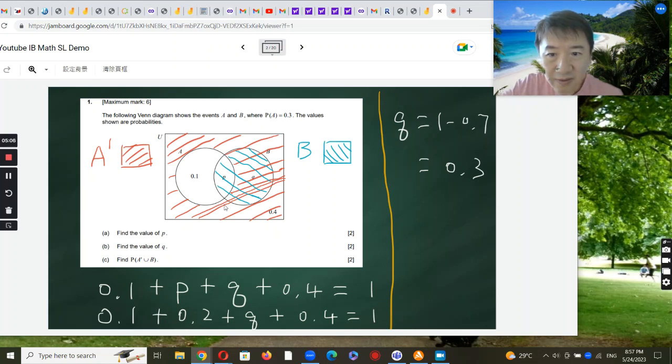The region shaded by the red line refers to event A complement. And then we're going to use the blue line to shade the region representing event B.